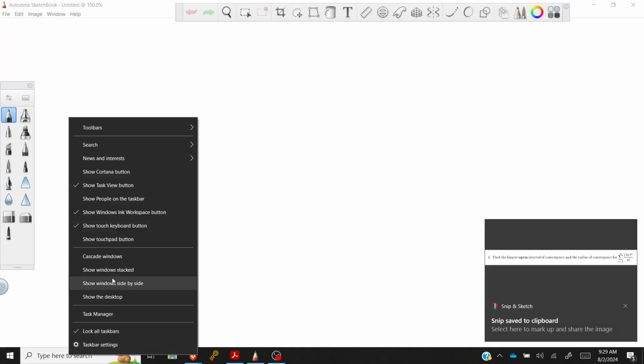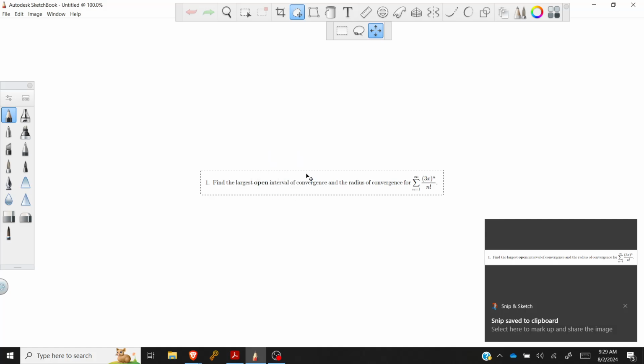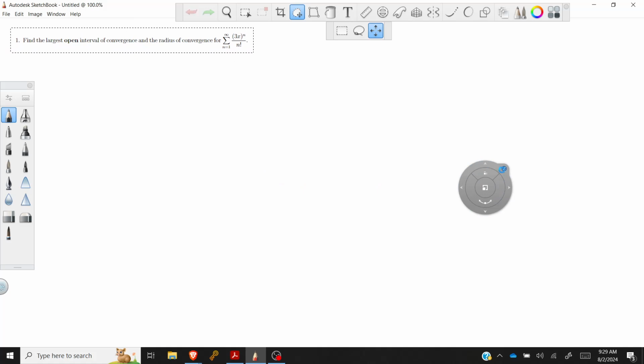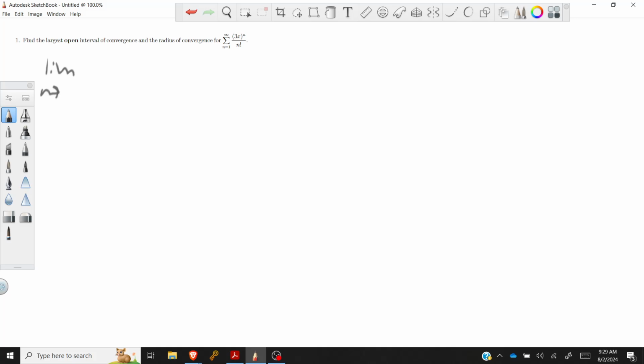So let's do this one first. This is 3x to the n over n factorial. So we're going to apply the ratio test again. 3x to the n plus 1 all over n plus 1 factorial, as how we defined it before.